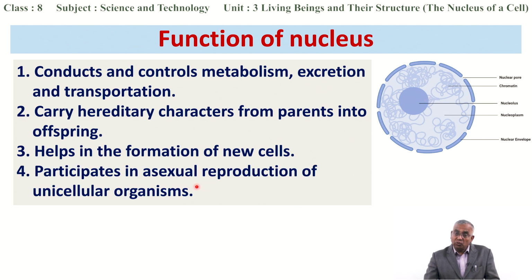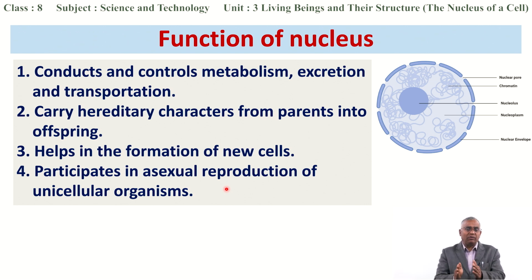Participates in asexual reproduction. Reproduction is of two types: asexual reproduction and sexual reproduction. Asexual reproduction is that reproduction in which fertilization does not take place, and sexual reproduction is that in which fertilization takes place. What is fertilization then? In class 7 also you have studied something about it.